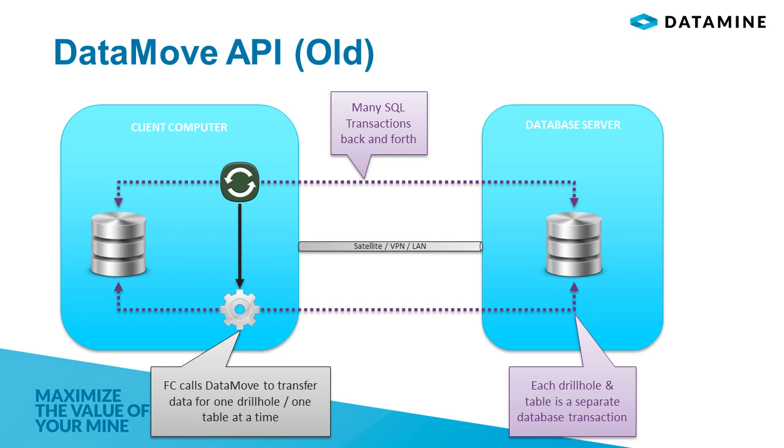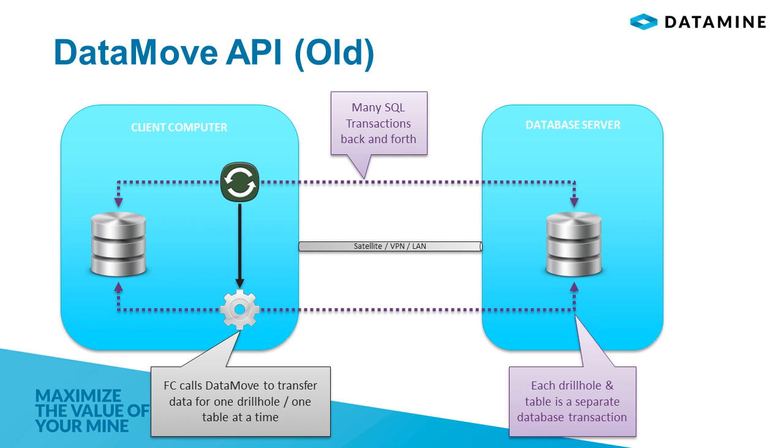I'm not going to get into too much technical detail, but if people want to know more of the gory technical details, by all means we can have that discussion. We've done two things to solve this problem. The one thing to keep in your head is the old way that we did this data transferring: it was very chatty, lots of transactions back and forth, and it was one table at a time.